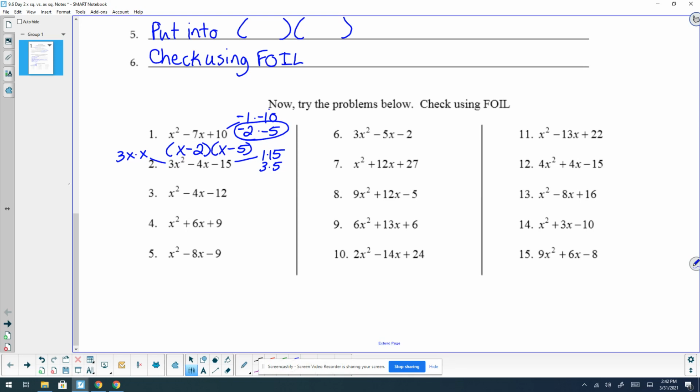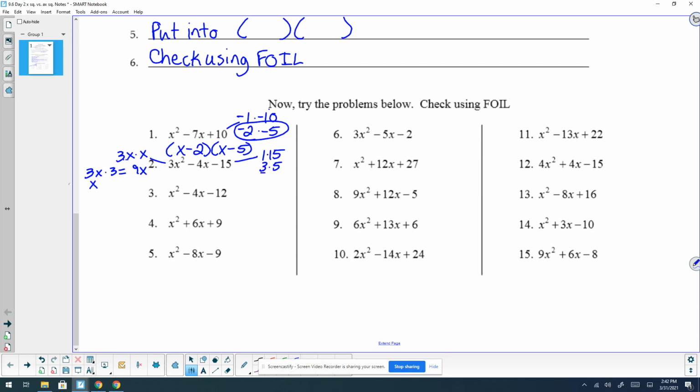Now remember, if there's a negative in the back, I actually want to multiply to something larger than 4, in order to then come back down to 4. So what I'm going to do is take this 3x times 3. That gets me 9x. Since I used the 3x, I have to use the x.